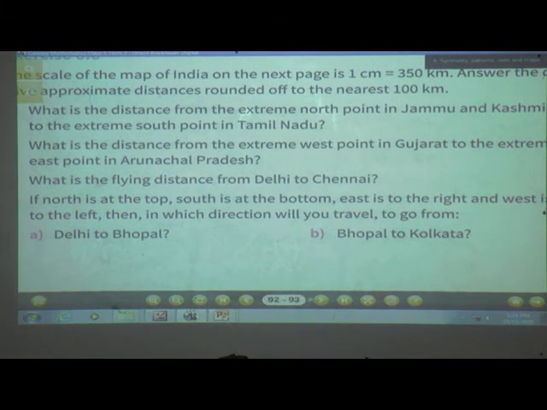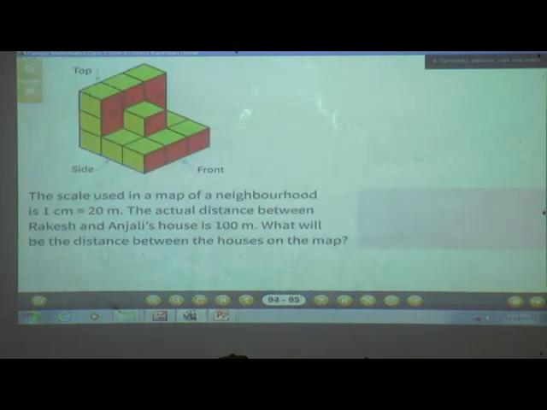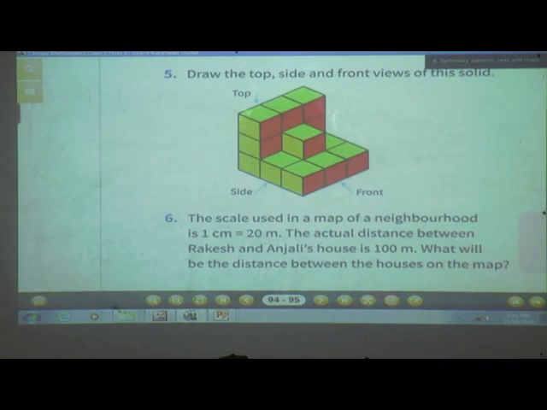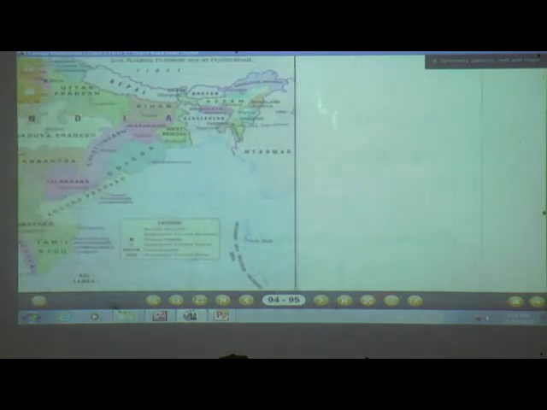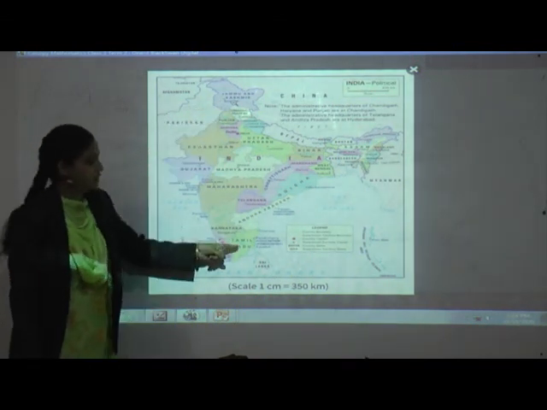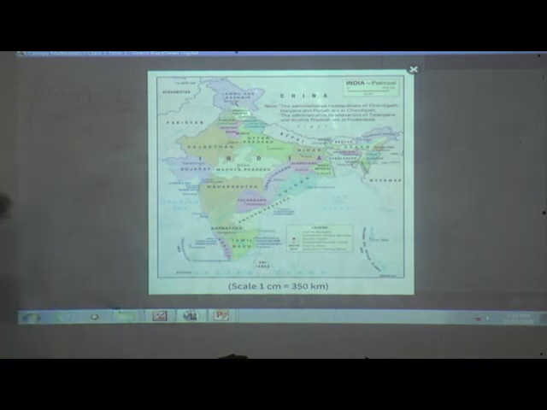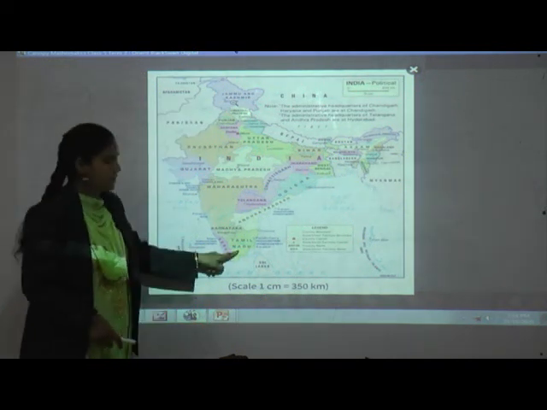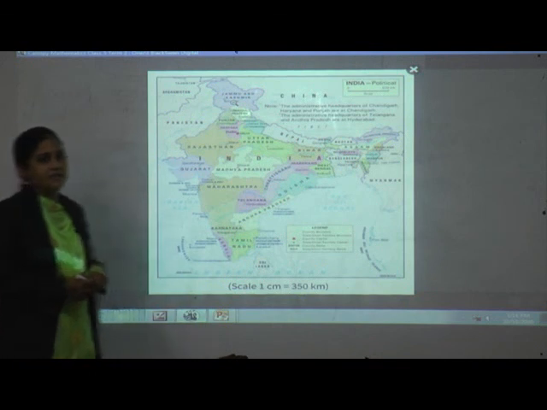So students, see where Jammu and Kashmir is on the map. Here is Jammu and Kashmir, and here is Tamil Nadu. So use the scale and count the distance in centimeters. You will get 11 centimeters. If you count this with the help of a scale, you will get 11 centimeters.